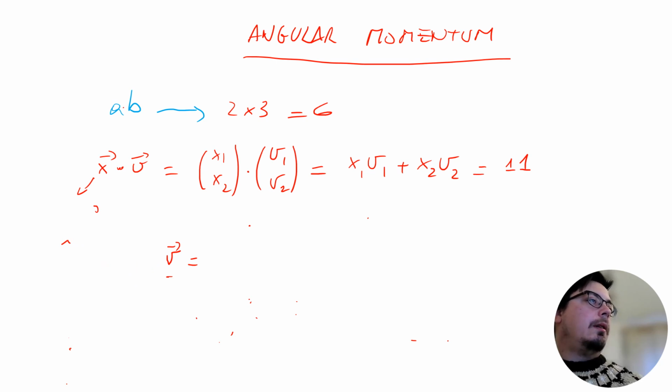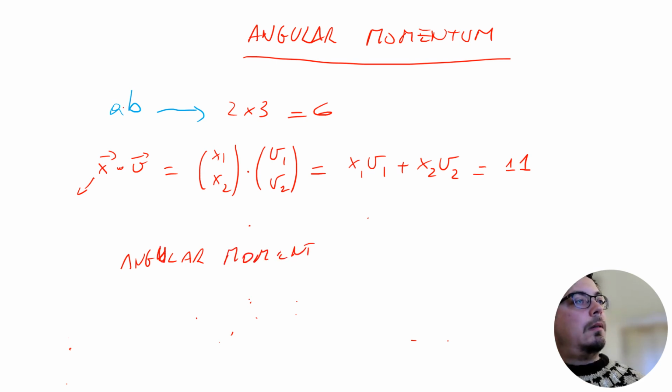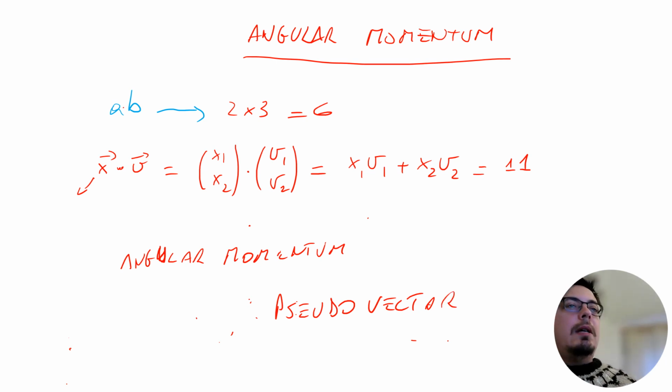The only thing I want to say is that it's not technically a vector. It's called a pseudovector. And I will not give you all the detail. I will link to a Wikipedia page which is, I think, very clear on this. I don't want to make a mess now.